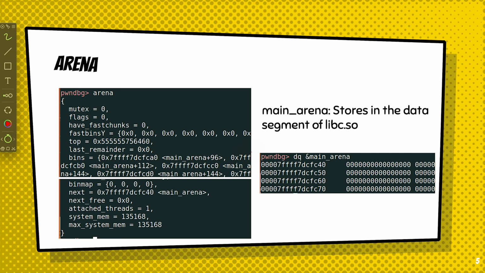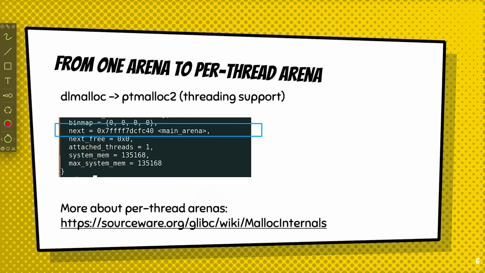That is why, if you look at the information of arena, you find a particular field called next. This field points to the main arena, and starting from there, the main arena points to the other arenas. In this case, because we have only one arena, next is the same as itself, so it is still main arena.